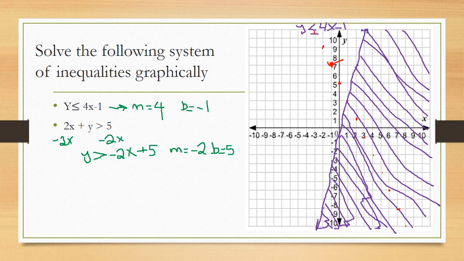Now I have another line here, but this line has to be a dashed line because I do not have an equal sign with this inequality. So I'm going to make a dashed or dotted line.